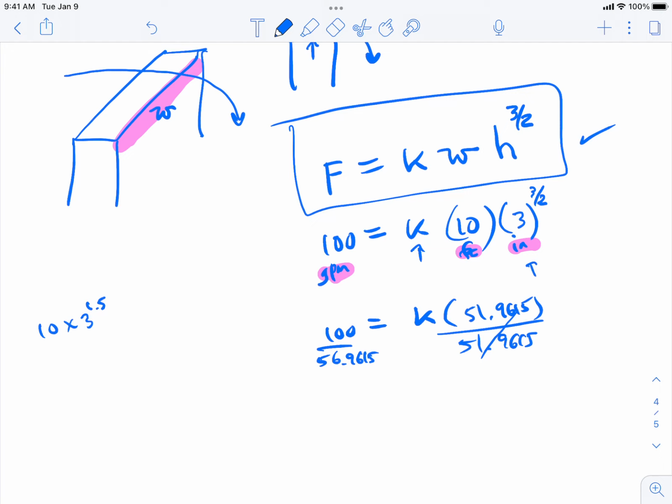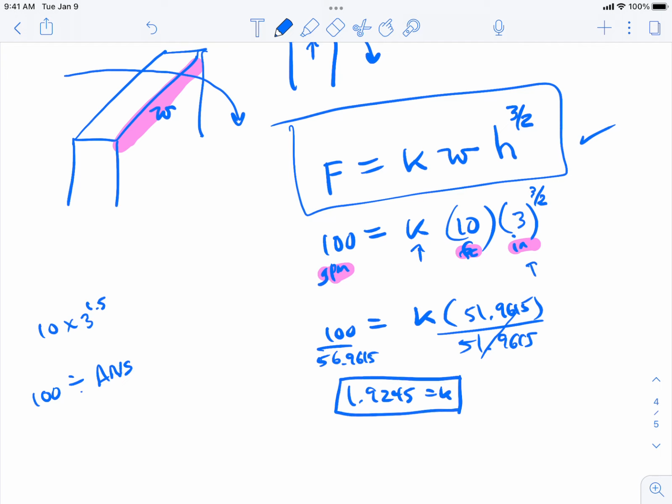So all you really have to do is go 100, divide by, and there's usually a little ANS button that says give me back my previous answer. So if I go 100 divide by answer, it will tell me 1.9245. And I do like to carry decimal places when I'm doing this variation technical type stuff.